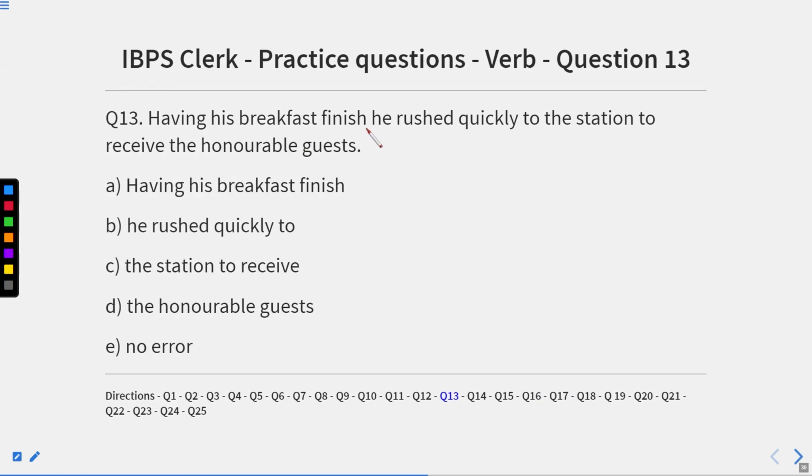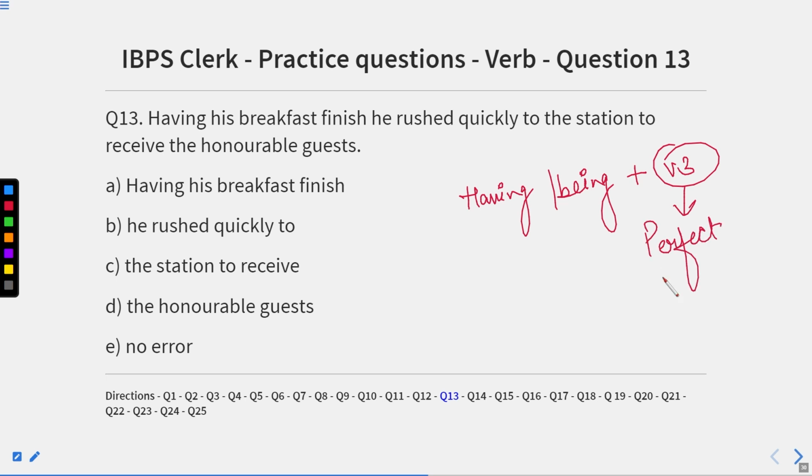Having his breakfast finish, he rushed quickly to the station to receive the honorable guests. Whenever we have the word having or being, it should be followed by verb third form, that is the perfect participle.